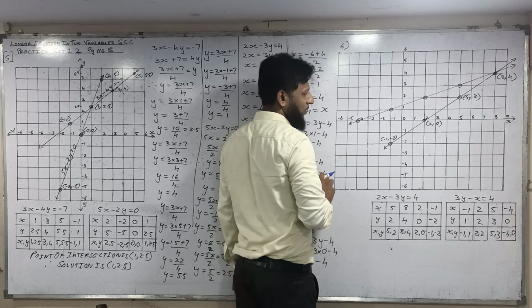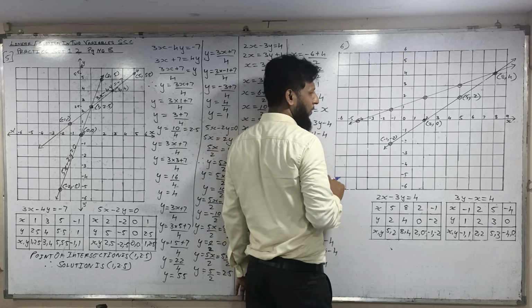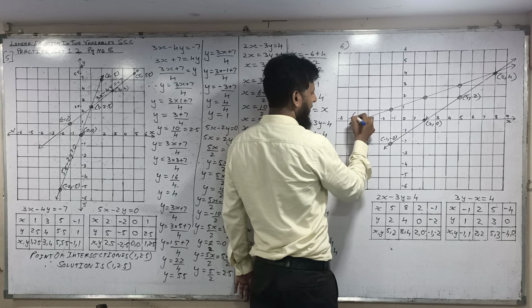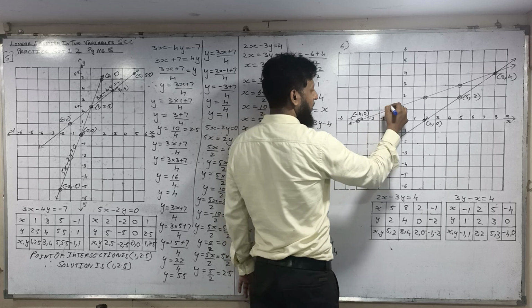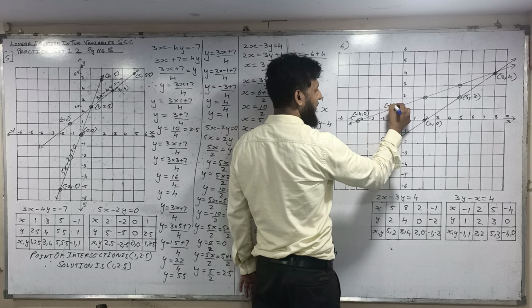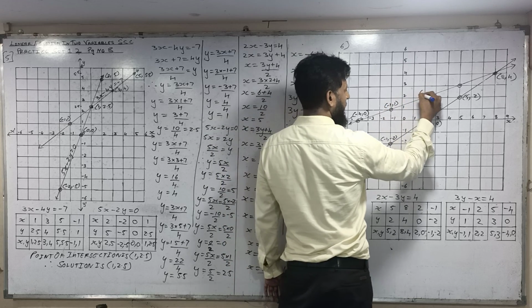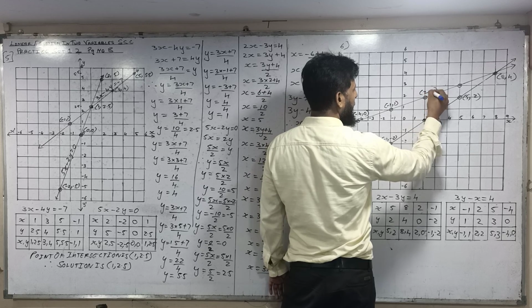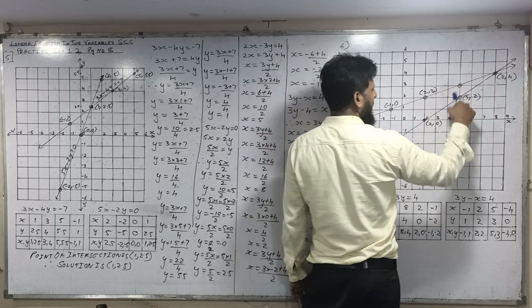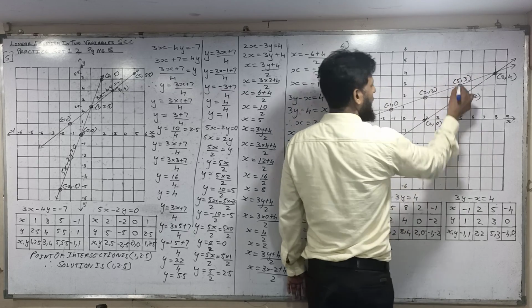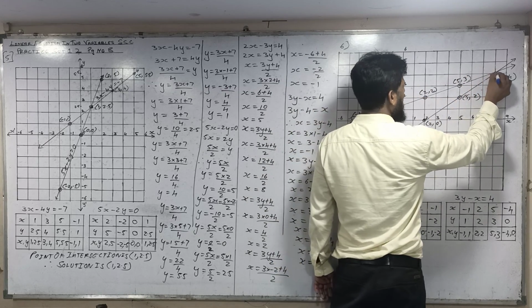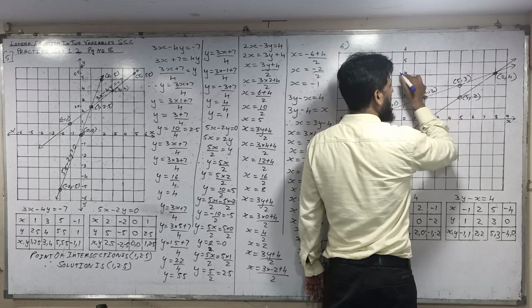Now for this other line: x value minus 4, y value 0; x value minus 1, y value 1; x value 2, y value 2; x value 5, y value 3; and x value 8, y value 4.